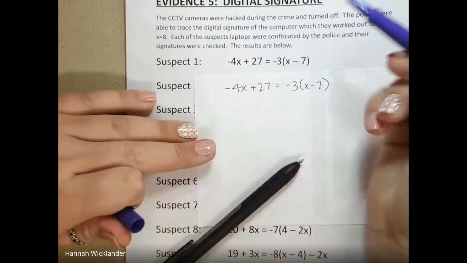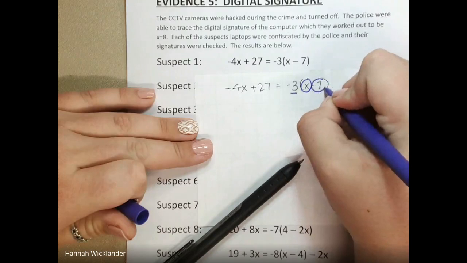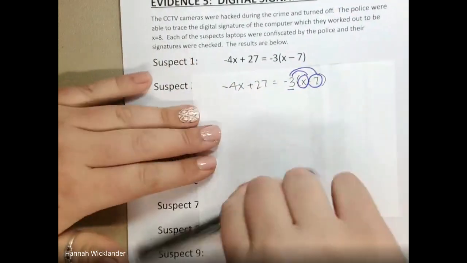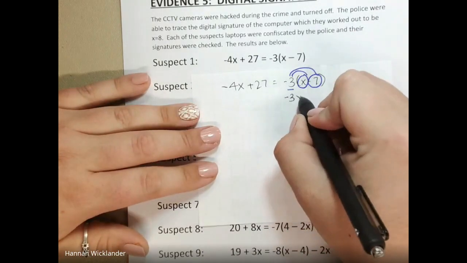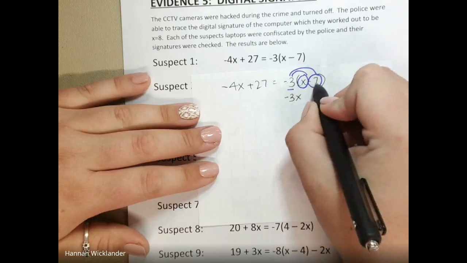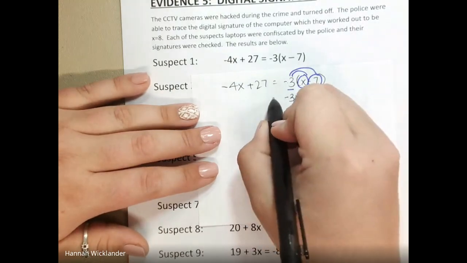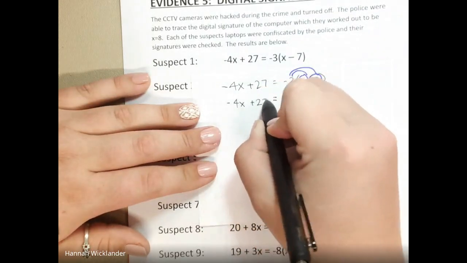I'm going to take negative 3 and multiply it by everything inside the parentheses to distribute it. So negative 3 times x gives me a negative 3x. Negative 3 times negative 7 gives me positive 21. And then I've simplified, and this side stayed the same, so I'm just going to bring it down.